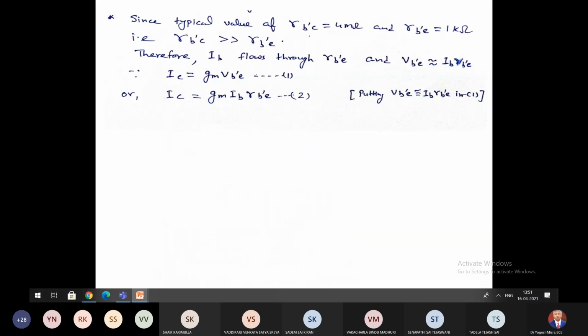Now see, if you see the NPN transistor, it is like this. This is emitter, base, collector. We know that there is high doping in the emitter, and in the collector, with respect to emitter, it is low doping.